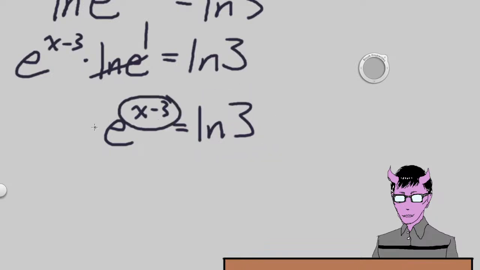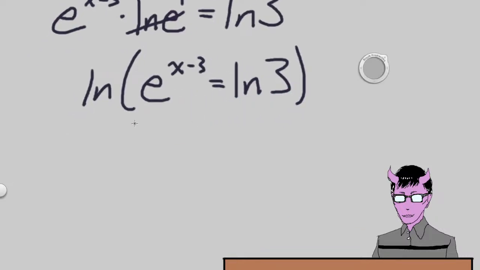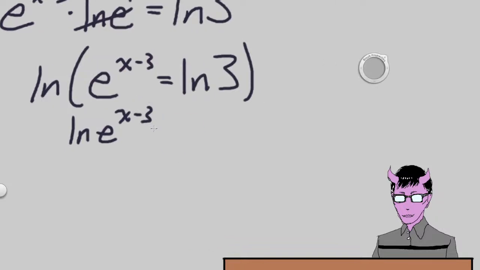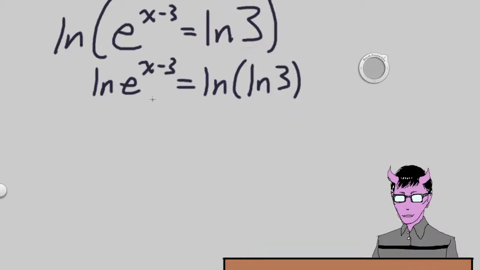So we need to free this from the exponent, so we apply log to both sides. So applying it to the left hand side, that looks good, but you apply it to the right hand side, it looks kind of weird. We have natural log of natural log of 3. That's okay though. It's just a number.